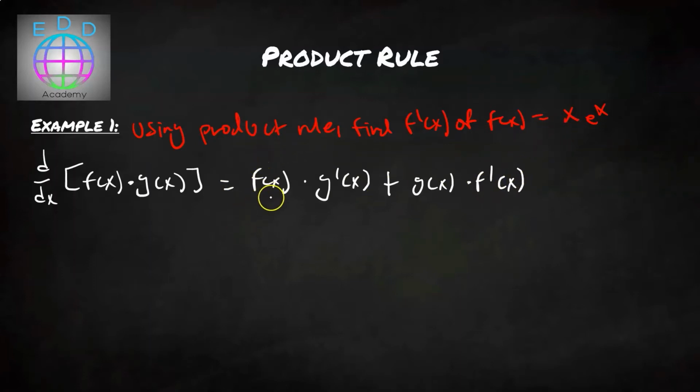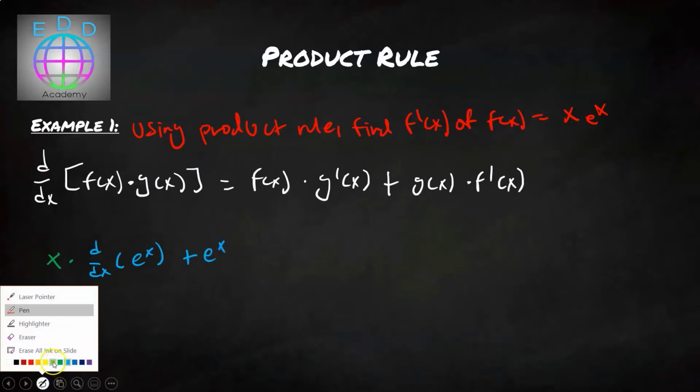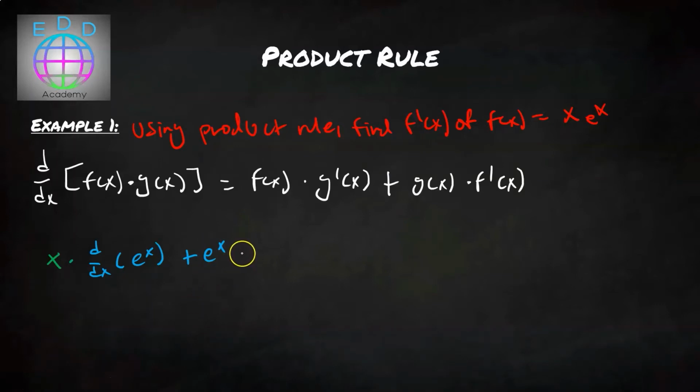In this case, f of x is x and g of x is e to the x. So we have x times the derivative of g of x, so the derivative of e to the x, plus just regular g of x, which is e to the x, times the derivative of f of x, which is the derivative of x.